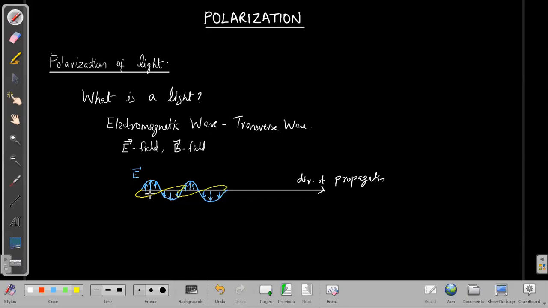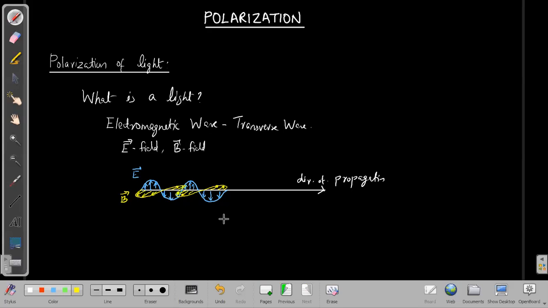I've just connected the tips of the magnetic fields. Now I can draw the magnetic field vectors inside. So this would be a mental picture of the electromagnetic wave which is propagating in vacuum or in air.